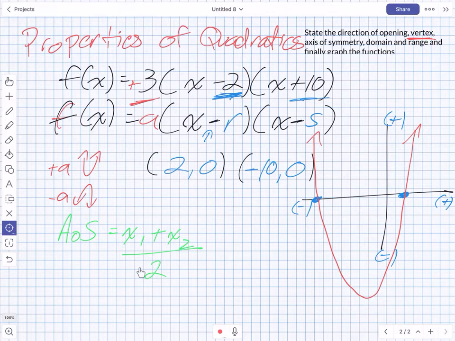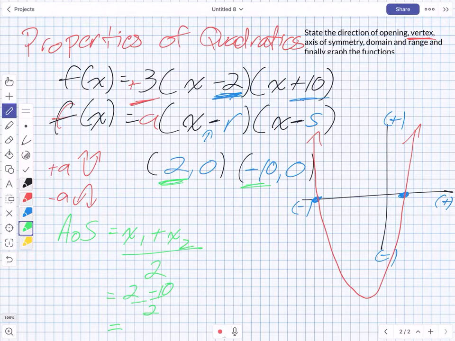So we add the two together, divide by 2, that's exactly how you find the average of something. So we have 2, which is one of the roots, and the other is negative 10. So 2 minus 10 over 2. That's going to give us negative 8 divided by 2, which is going to give us negative 4. Wonderful. So we found the axis of symmetry. We'll say that's about negative 4.